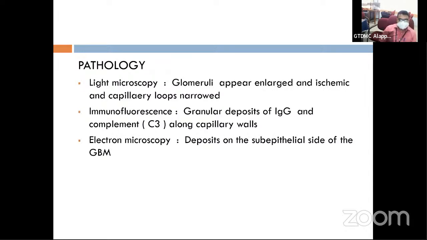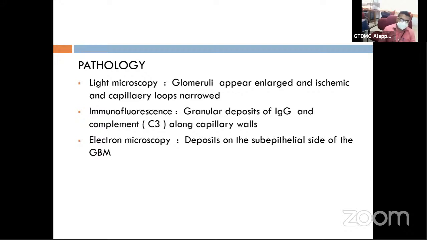Now about the pathology. What are the histopathological changes seen in PSGN? Under light microscopy, the glomeruli appear enlarged because of inflammation. Glomeruli are enlarged and ischemic, and the capillary lumens are narrowed, which indicates the reduced blood flow.